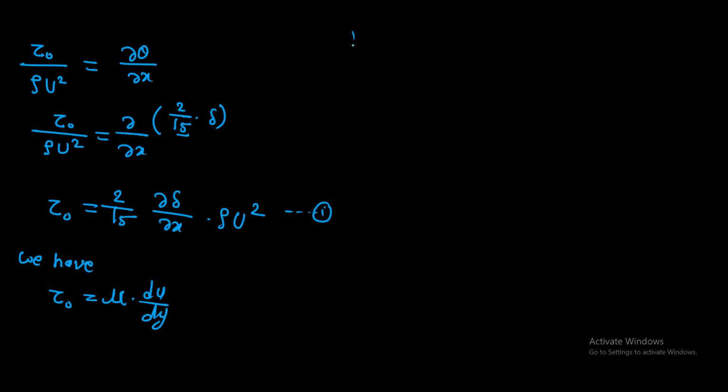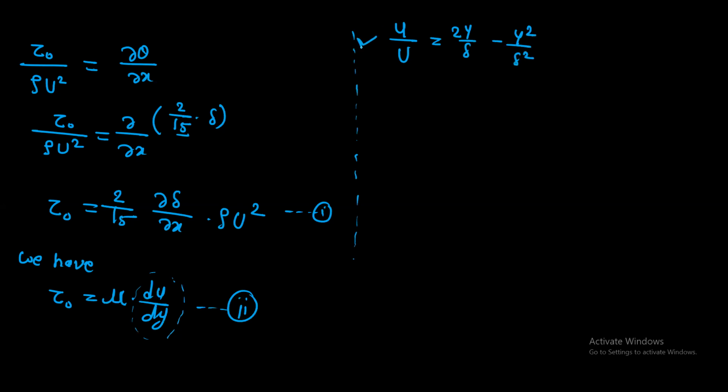So from the given equation in the problem, find out this du by dy. So consider this equation 2. So what is given? u by U, this is given as 2y upon delta minus y square upon delta square.